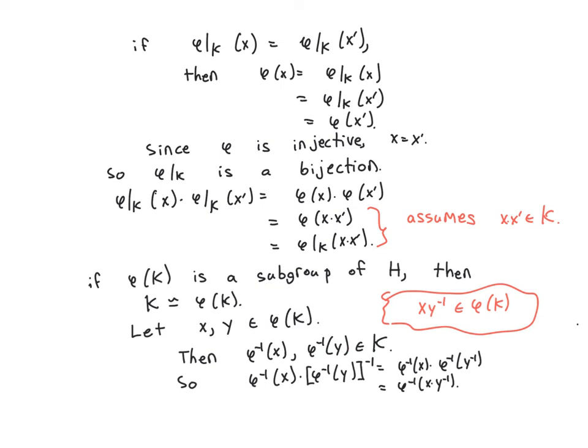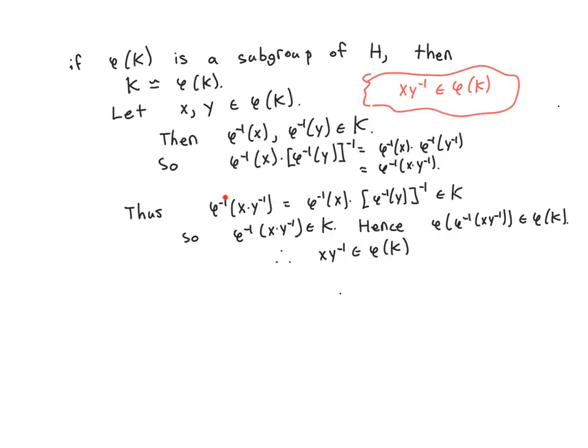So we're going to take advantage of that because it makes the proof a lot easier. I'm going to multiply phi inverse of x times the inverse of phi inverse of y. Remember, we proved that phi inverse is also an isomorphism. So by properties of isomorphisms, the inverse of phi inverse of y is phi inverse of y inverse. And the isomorphism preserves product, so I get phi inverse of x times y inverse.